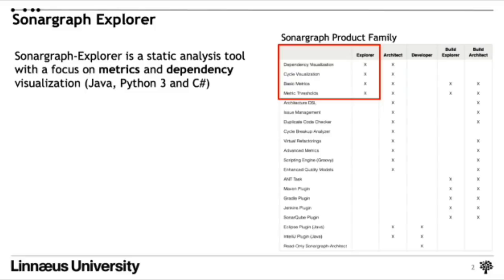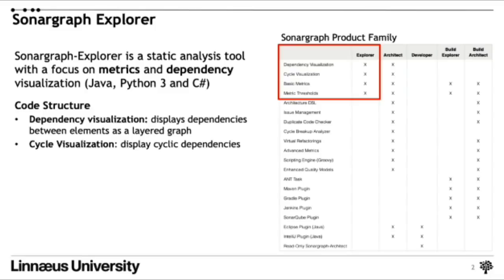Okay. So SonarGraph Explorer allows you to visualize the dependencies that you have in your code base. It will allow you to display all the dependencies between the different elements as a layered graph.